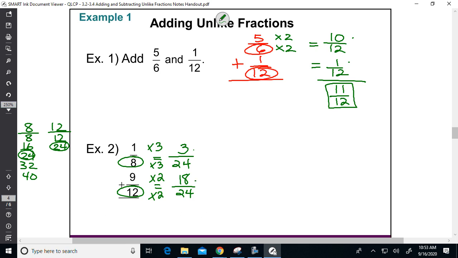3 plus 18 is 21. So what can I divide this by? 3.